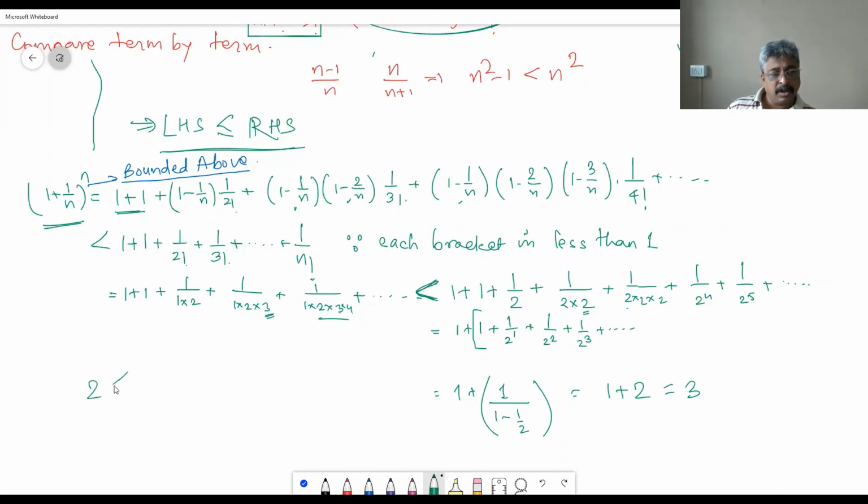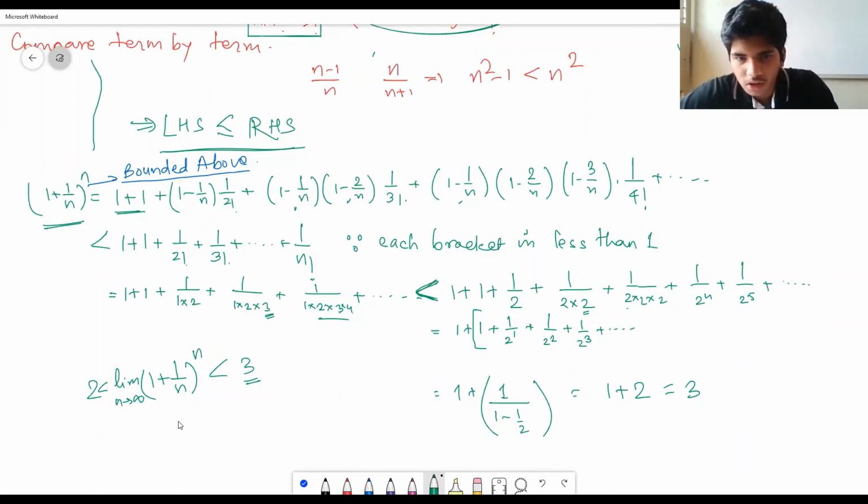So what we can conclude out of this is 1 plus 1 over n, as I intended. Now it should have been limit. E is going to be less than 3. So it is bounded above, and the limit is greater than or equal to 2, because putting n equal to 1 gives 2.